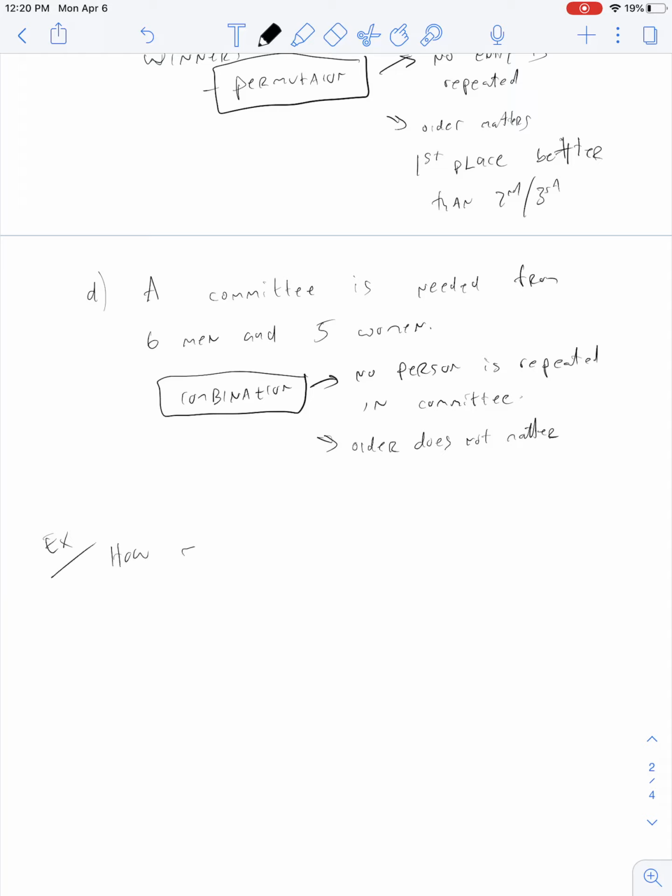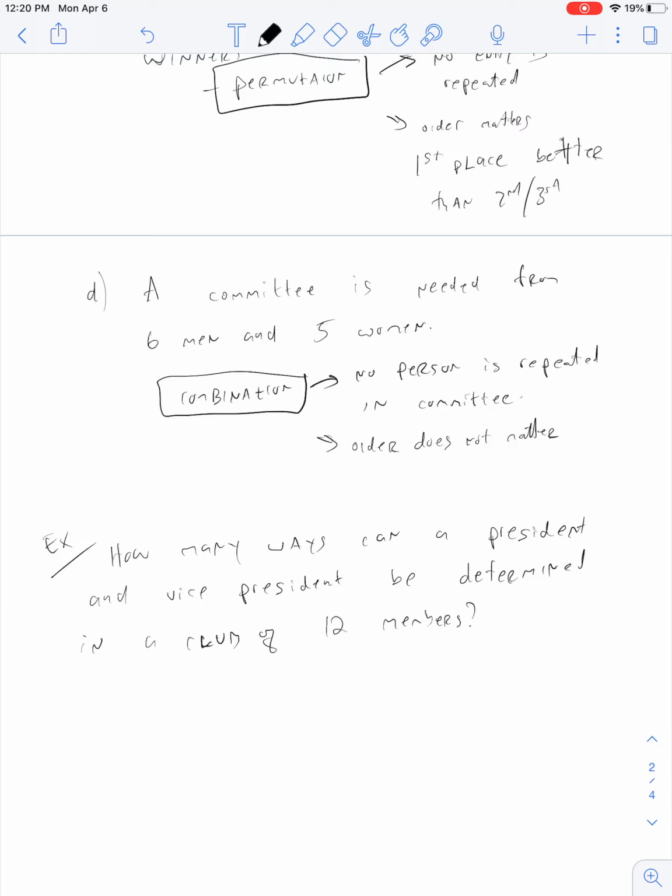So how many ways can a president and vice president be determined in a club of 12 members?